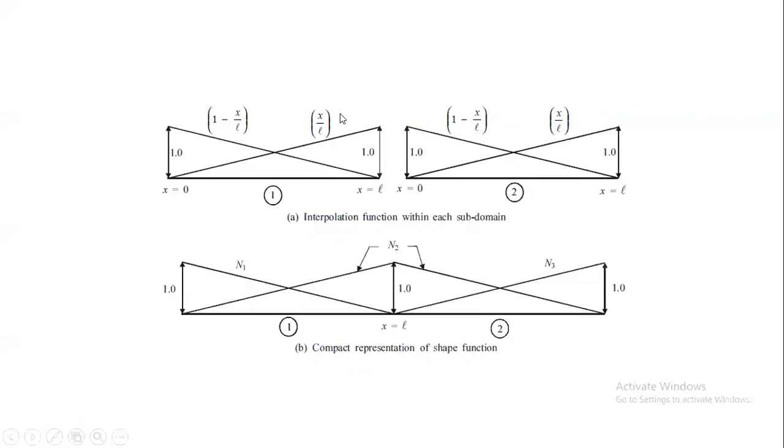Okay, and now if I am talking about the interpolation function for a subdomain, I'm saying that I've got the basis functions like this. And if I connect these two, 1 and 2, with each other, can you see that they are now sharing n2, and then you have n1 and n3 here, right?